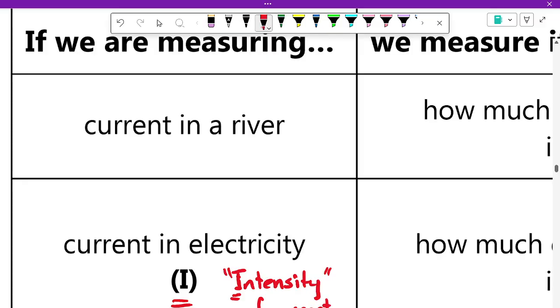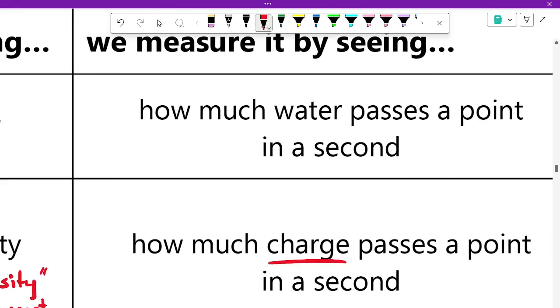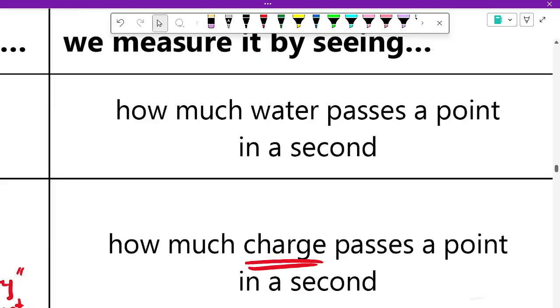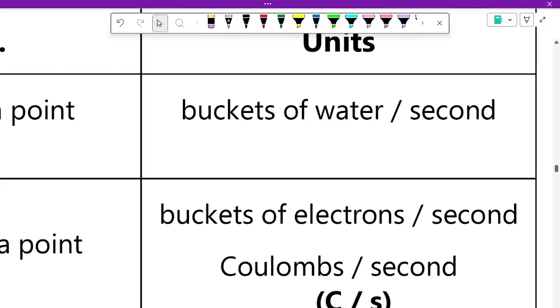So instead of how much water is flowing, it's how much charge passes a point in a second. And the unit for that, if we measured water past a point in a second, that's buckets of water per second. If we measure charges, that's buckets of electrons that go past in a second. And what is our true word for a bucket of electrons?